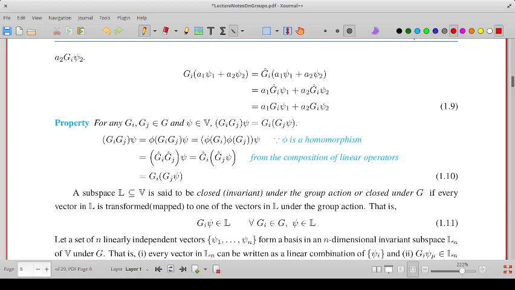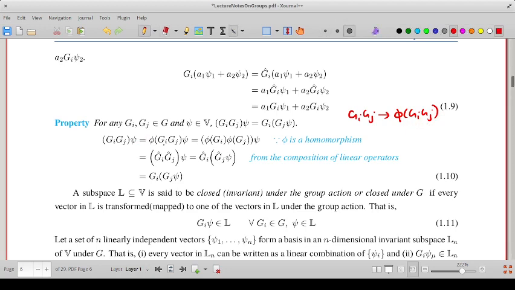To see this, we first consider the action of GiGj on psi, but that is nothing but GiGj is mapped to the non-singular linear operator phi(GiGj), and we may also write this as GiGj hat, but I will stick to this particular notation.